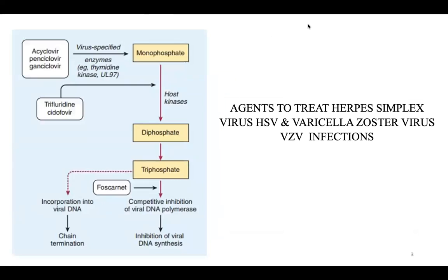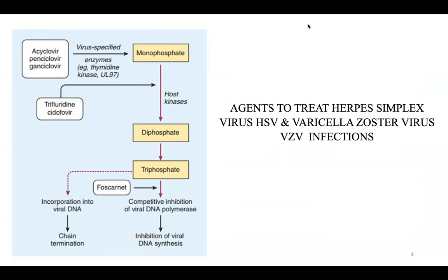There are 3 oral nucleoside analogs licensed for the treatment of herpes simplex and varicella zoster virus infection.